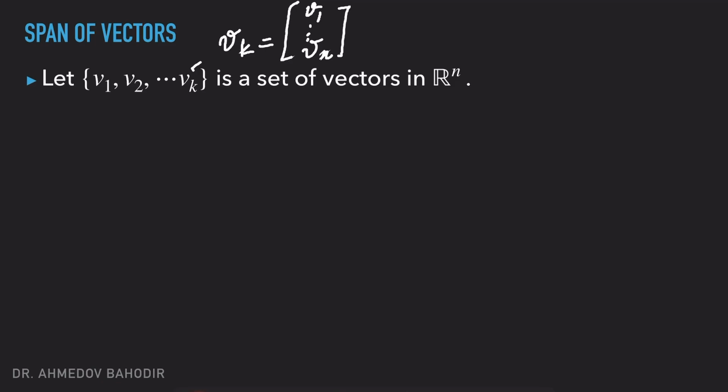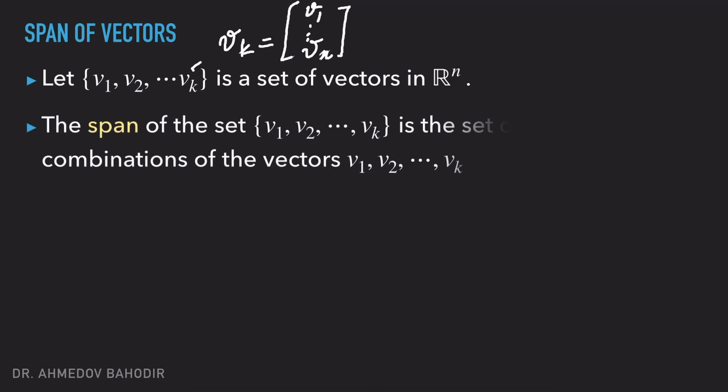So we say that the span of this set of vectors, v1, v2, and so on, vk, is the set of all linear combinations of these vectors. This is essentially the mathematical term that is going to be substituted for this long expression.